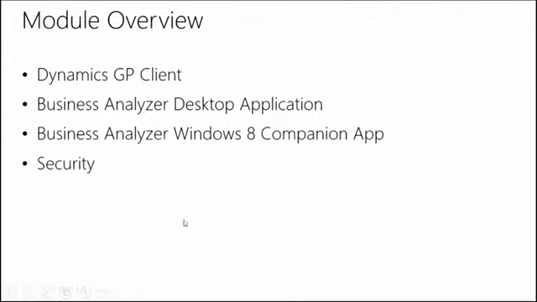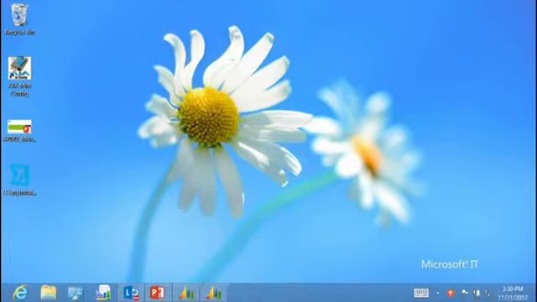So that covers Business Analyzer within Dynamics GP Client. So next we'll move over to Business Analyzer as a desktop application. Not all users within your organization are going to be users of Dynamics GP.